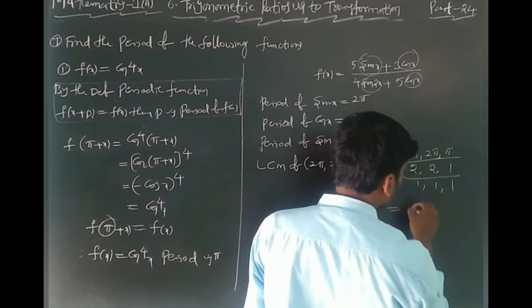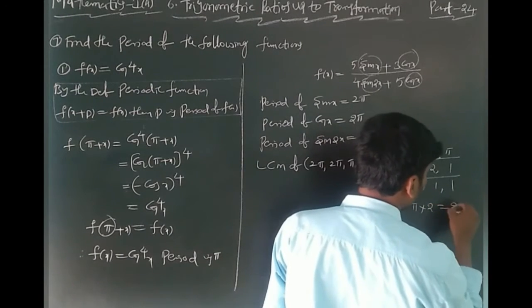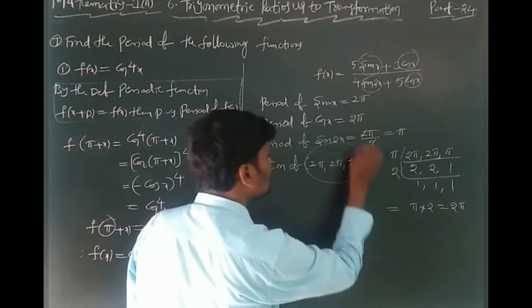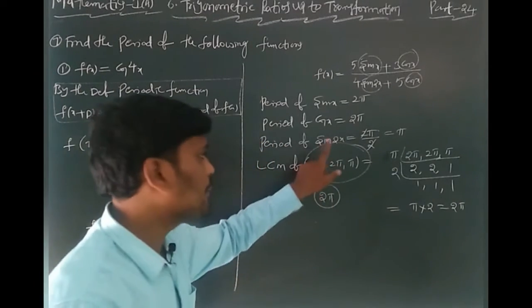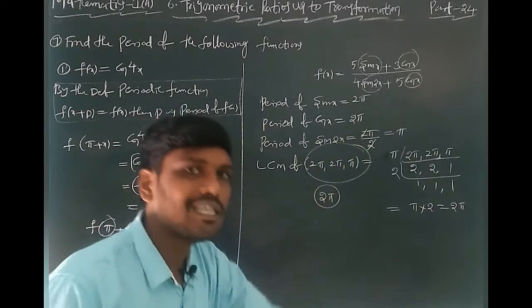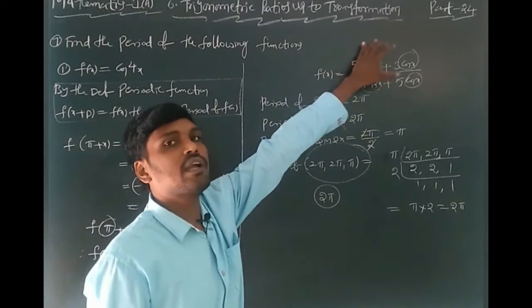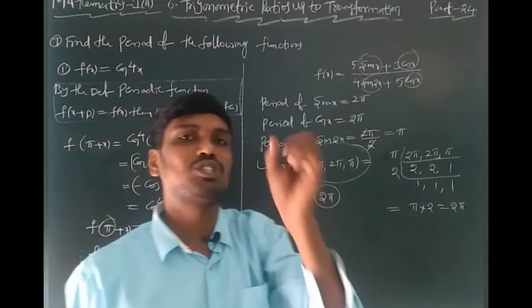What is the period? Pi into 2, that is equal to 2 pi. The period of all these terms is 2 pi. This is the way you can do it, simply understood.